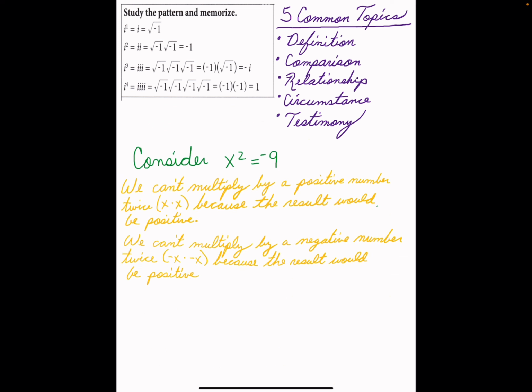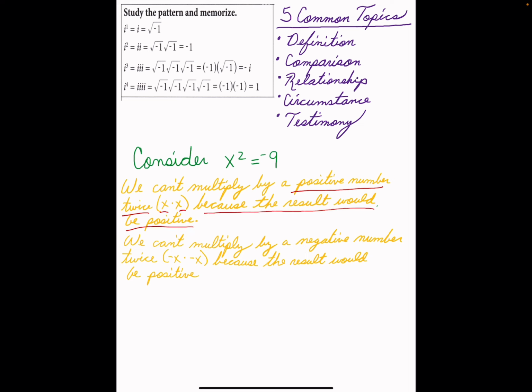So we're going to consider now x squared equaling negative 9. If we were given that, like we were given x squared equals 9, we were able to come up with something. Now we're looking at x squared equaling negative 9. Well, we cannot multiply a positive number twice, x times x, because the result would be positive.